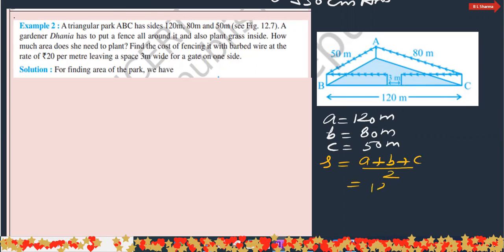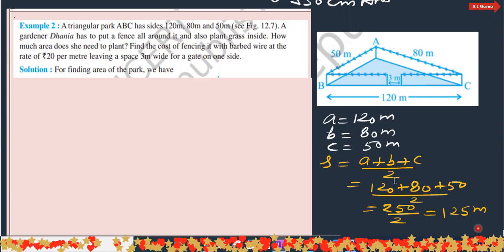So that is 120 plus 80 plus 50 divided by 2. So that is 250 divided by 2, then that is 125 meter. So we have a is 120 meter, side b is 80 meter and c is 50 meter, and the semi perimeter is 125 meter.